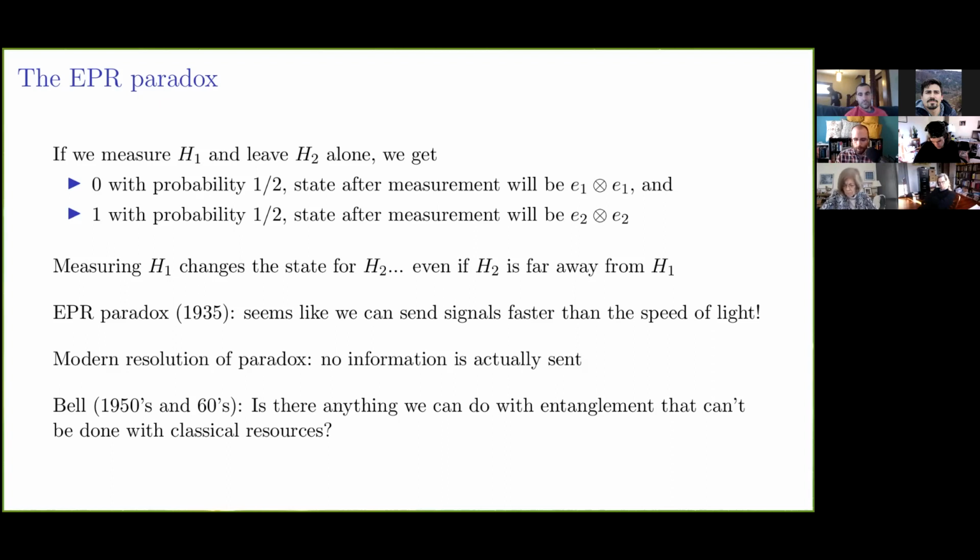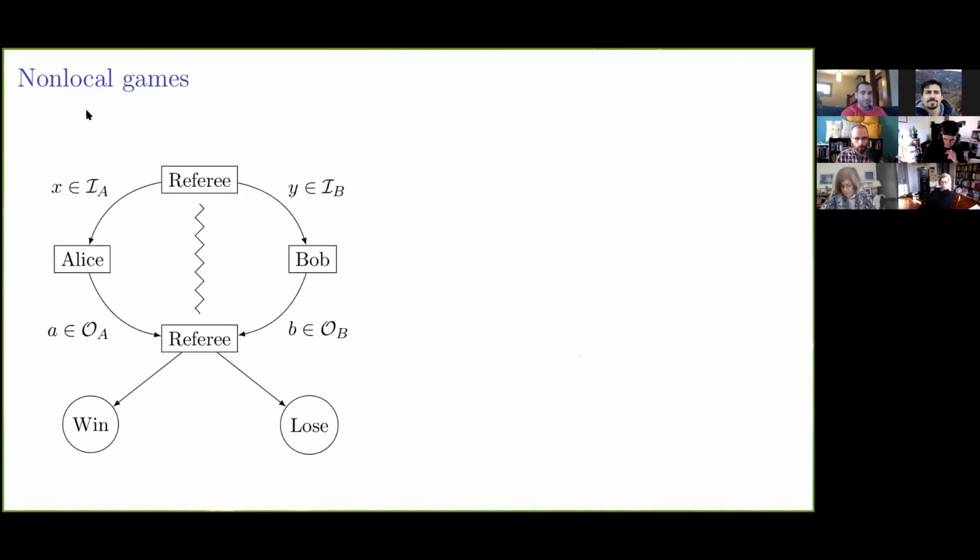And entanglement might be a very interesting mathematical curiosity, but if we couldn't actually do anything in the physical world with it that couldn't be done with classical resources, it would just be that, a mathematical curiosity. So it seems like a very fruitful question to ask. And to answer this, I'm going to talk about a modern viewpoint on what Bell did. What Bell did is called Bell inequalities, but I'm going to talk about non-local games.